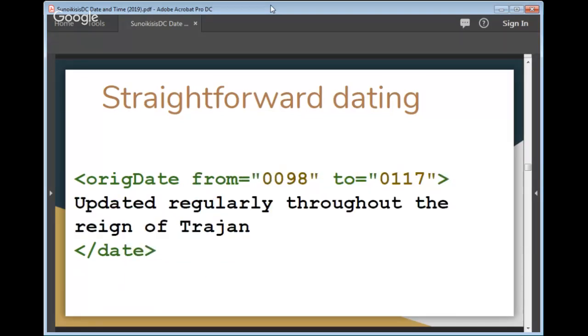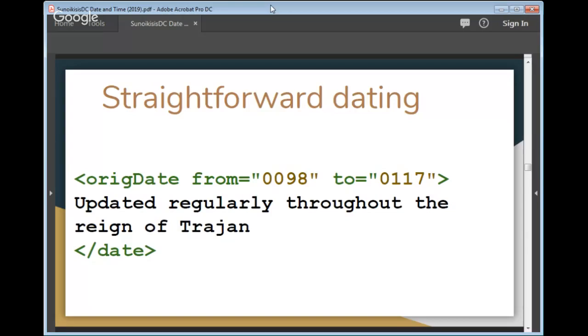And the third example is where you might have a text whose date of origin was a constant composition throughout the reign of a particular emperor. For example, in this case, the reign of Trajan, which lasted from 98 to 117.